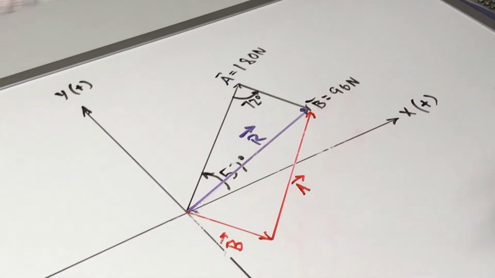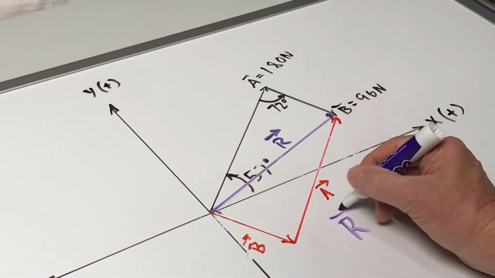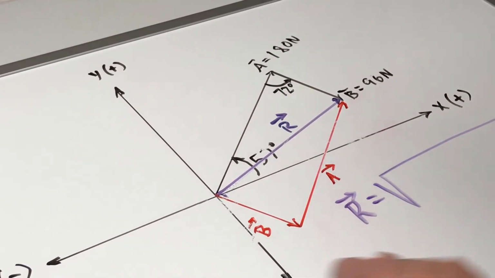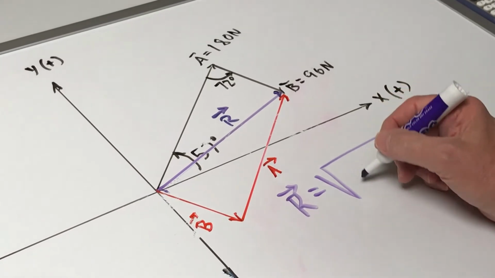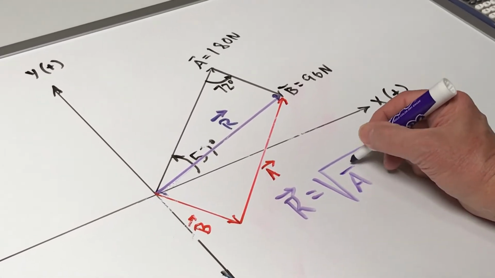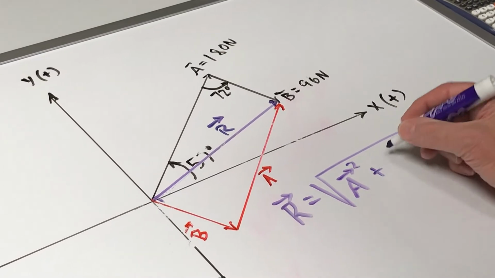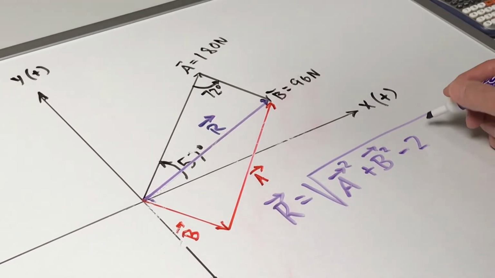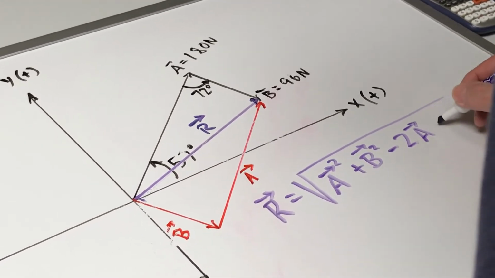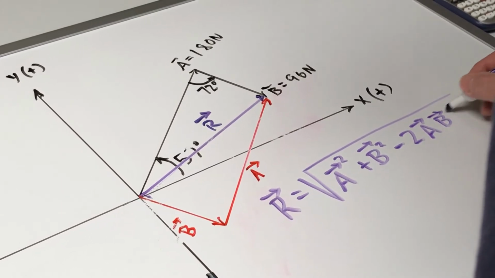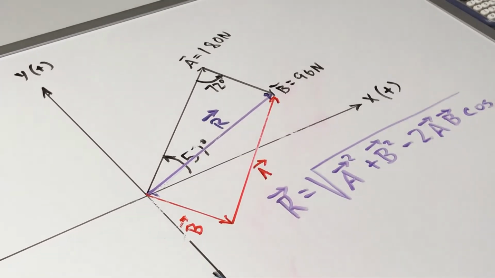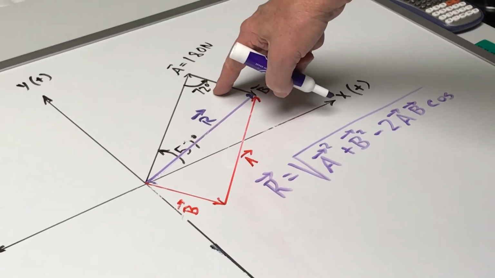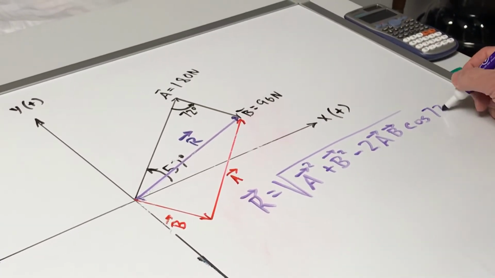The law of cosines says that R, which is this vector right here, is equal to the square root of vector A squared plus vector B squared minus 2 times vector A times vector B times the cosine of the angle that is opposite the resultant. And in this triangle, the opposite angle from vector R is 72 degrees.